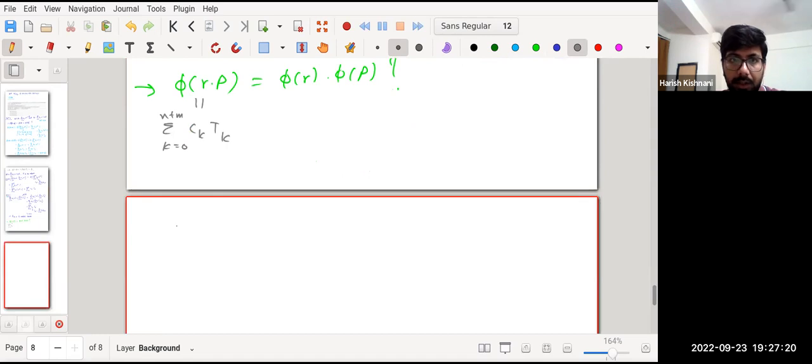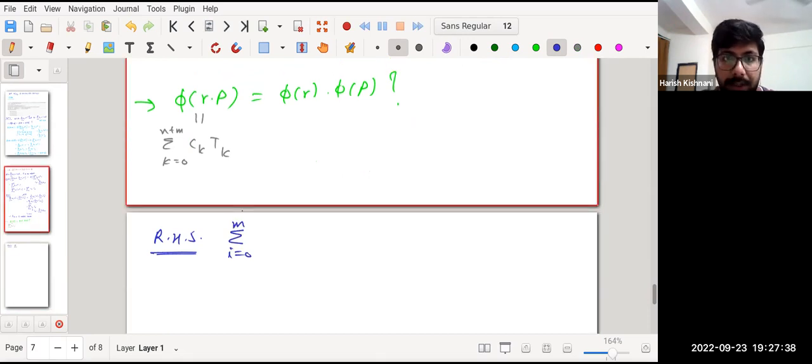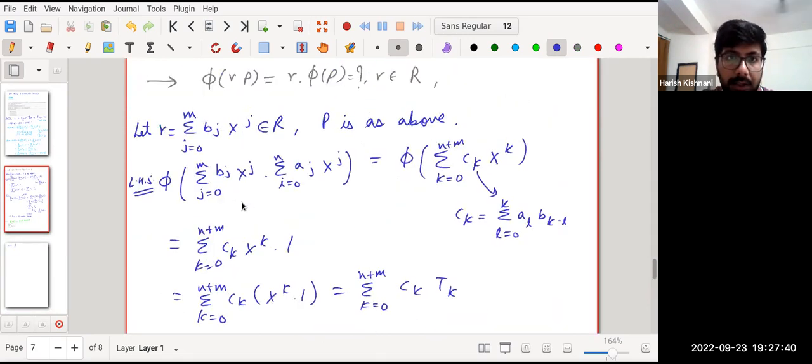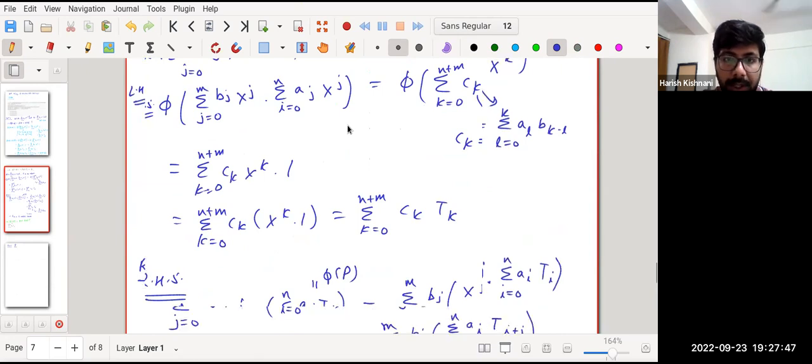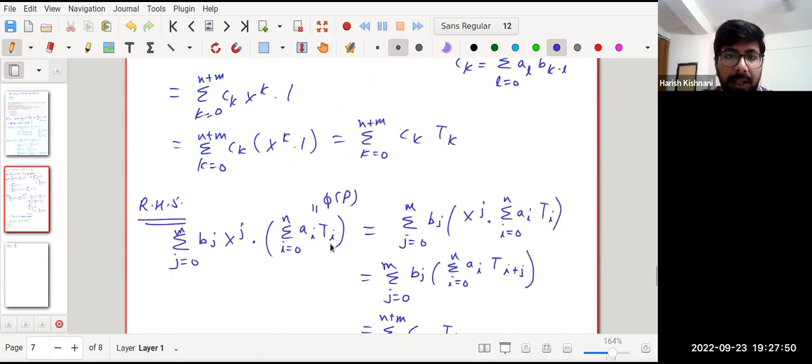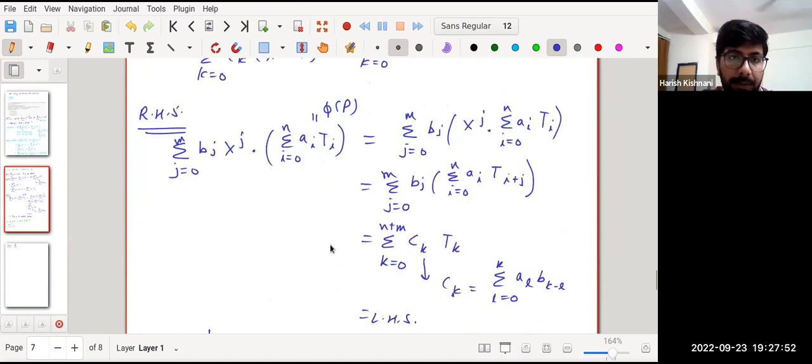Let me just write the LHS part. Phi of R, if you compute similarly, it will be just i equal to 0 to m. R and P I am keeping as it is. So phi of P was the summation of i equal to 0 to n ai Ti. Instead of Xi, you are just having Ti. Similarly, if you take phi of this, instead of Xj, you will get Tj.